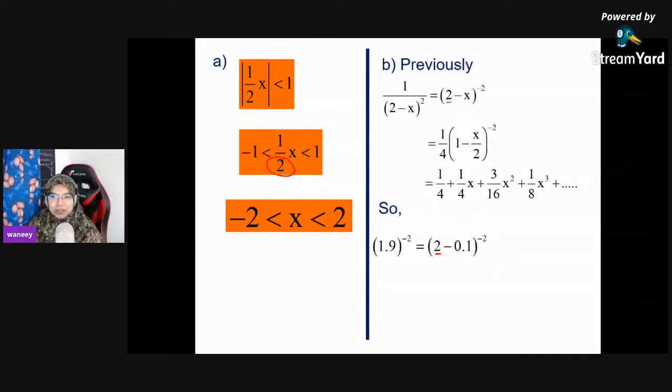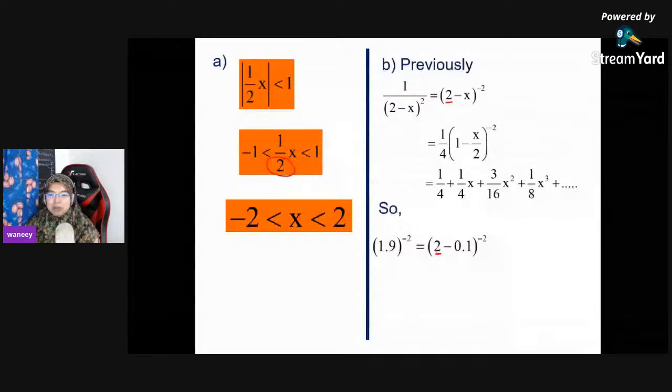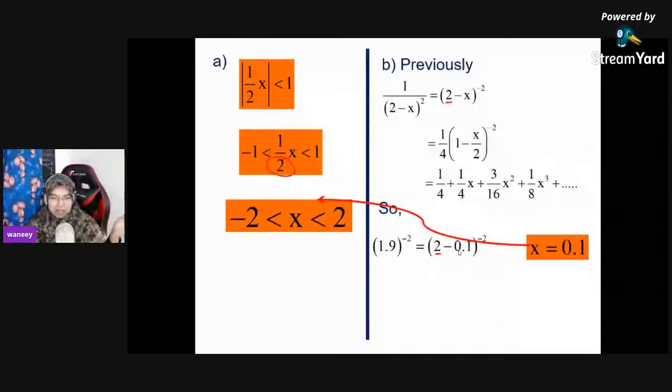Because this is 2 over here. So this is definitely 2. So 2 minus 0.1 to the power of negative 2. And then if you do check, 0.1 is actually inside the validity, inside the expansion valid for x in between negative 2 and 2. So that means we can definitely use 0.1.